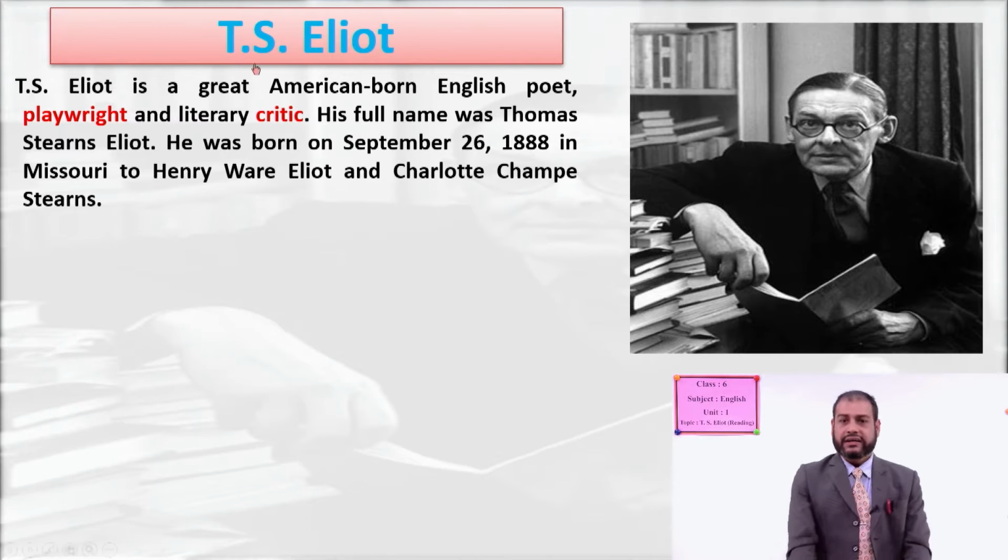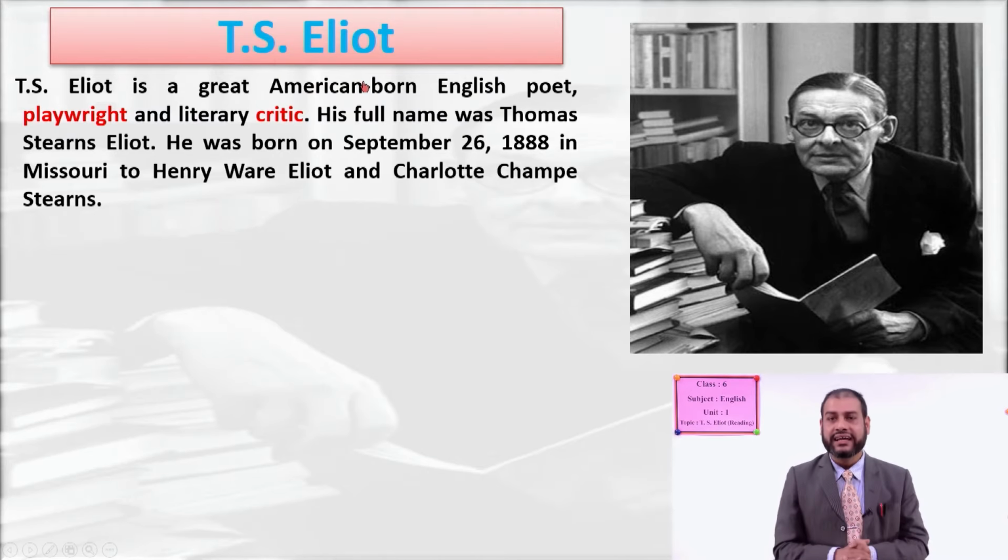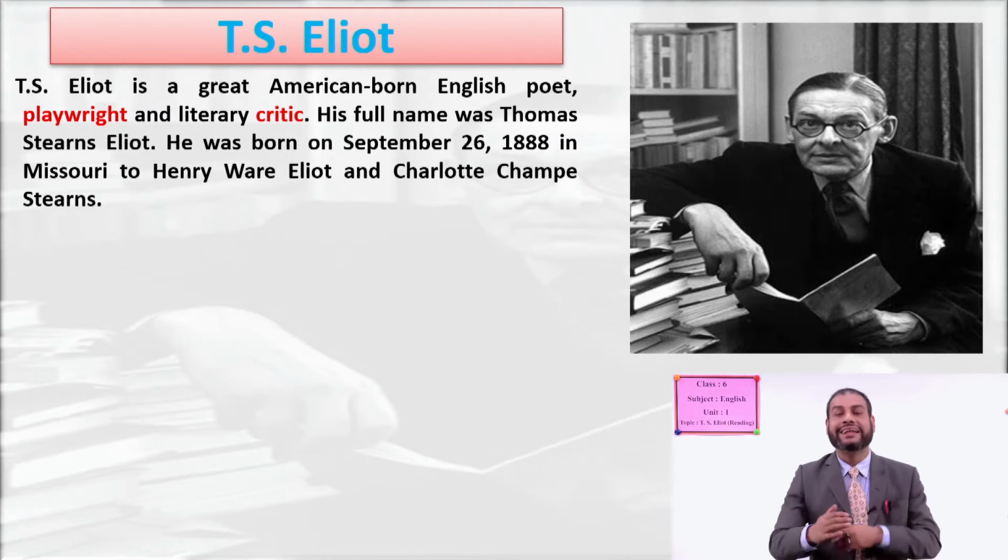The title for us is T.S. Eliot. You have to pronounce the name T.S. Eliot. See, the last name pronunciation is Eliot. We are going to learn about this person, the poet, and what sort of things are written in his biography. Let's go through.